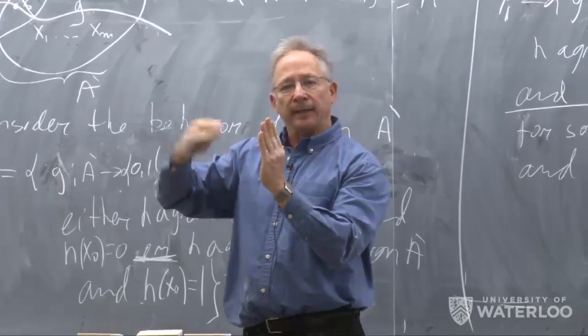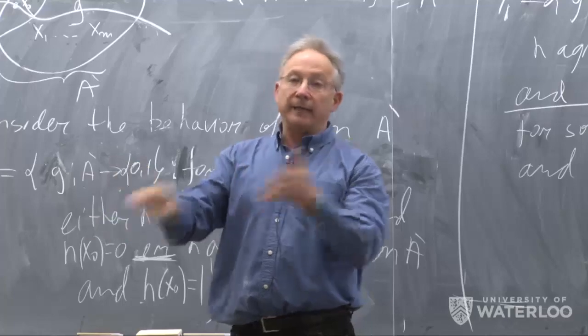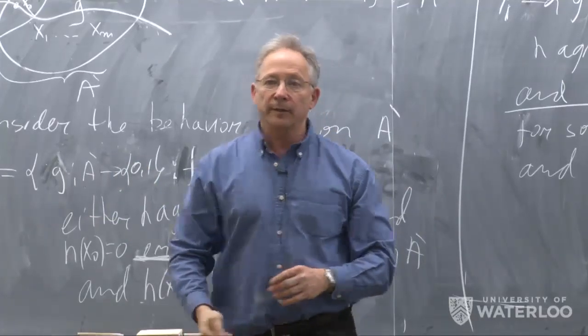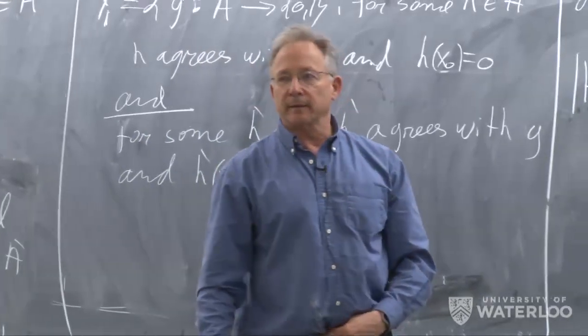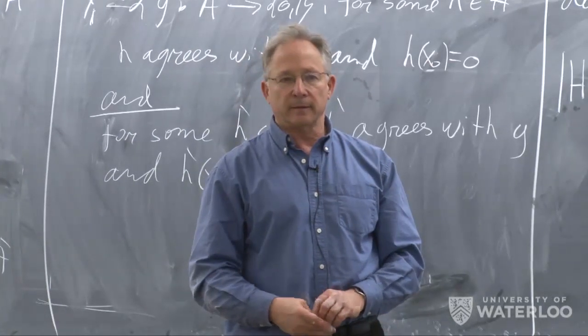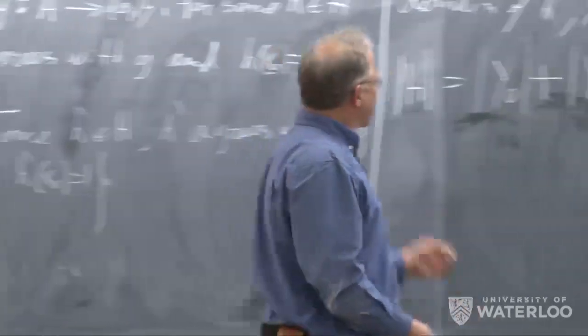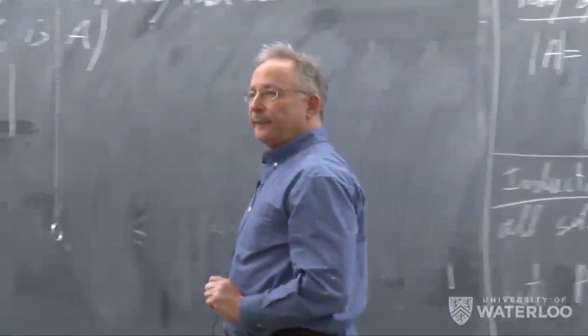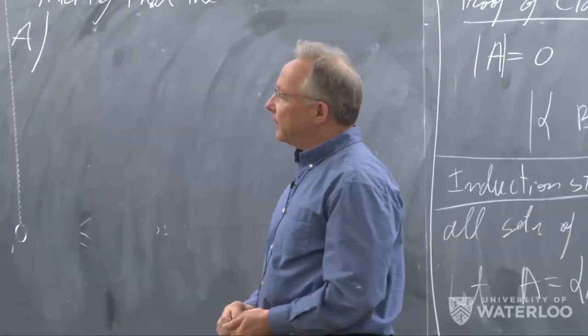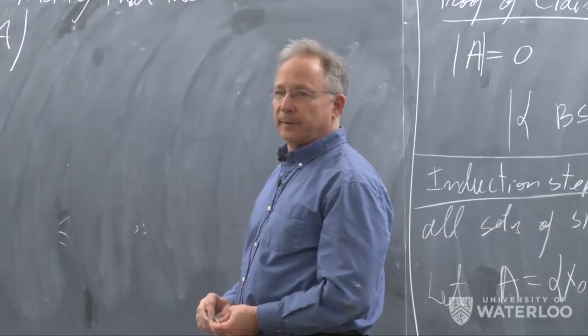So I have to see how many have two extensions and add those, because I should count them twice and I counted them only once. So that's the main observation. Now that we understood this, we just apply the induction hypothesis to each of them.